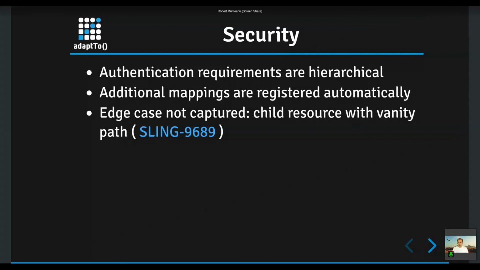So again, leading the discussion into the idea that vanity paths are powerful but tricky. So if that's one of your use cases, you should review your authentication setup and double check that you're not leaking anything.